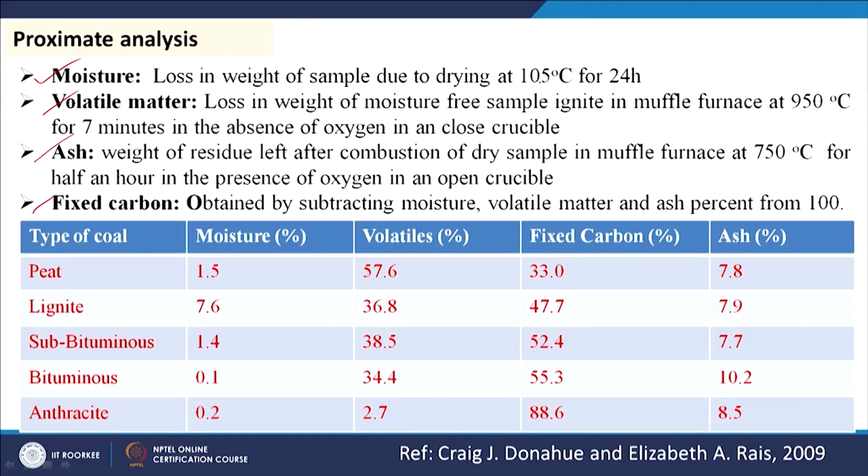We may take a small amount of sample, and then we will heat it under certain conditions that are prescribed in the method, that is 105 degree centigrade for 24 hours. Then, what is the mass loss? This is equivalent to moisture content.